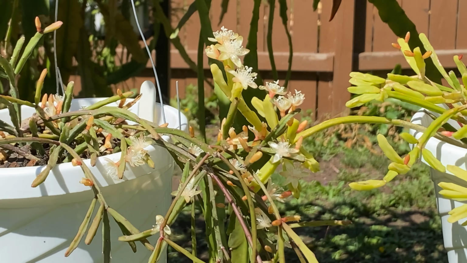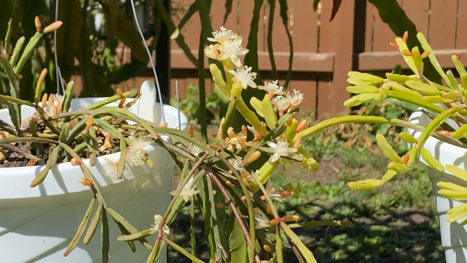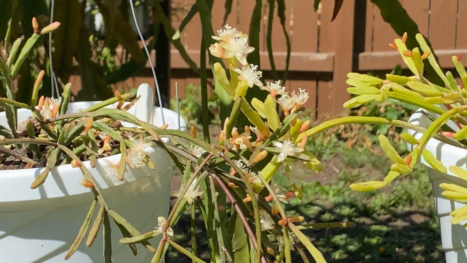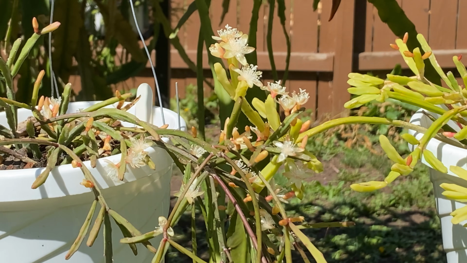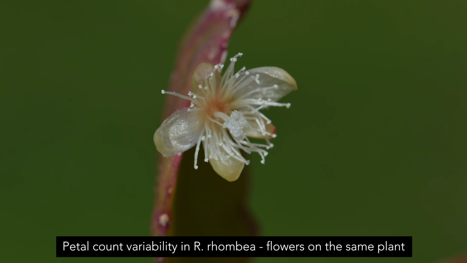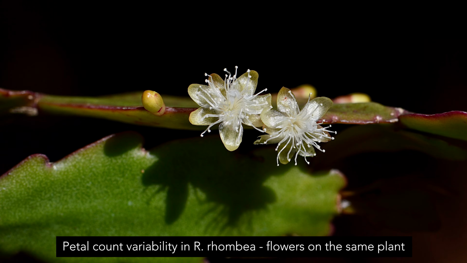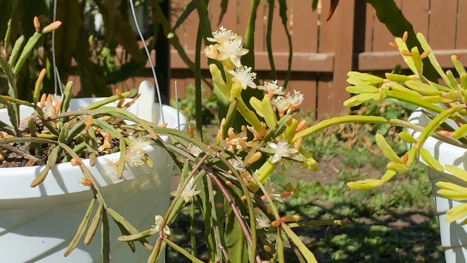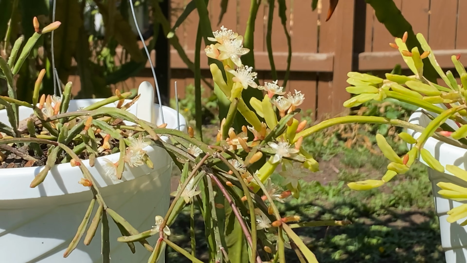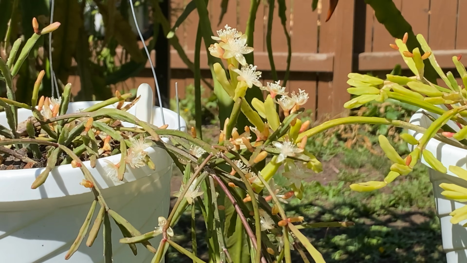It seems to carry a stronger floral relationship with Rhipsalis rhombea, which quite commonly has 5, 6, 7, 8 visible petals. So it seems to somehow share more floral traits with rhombea than the other two.